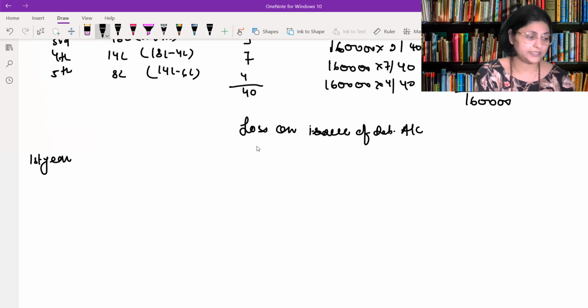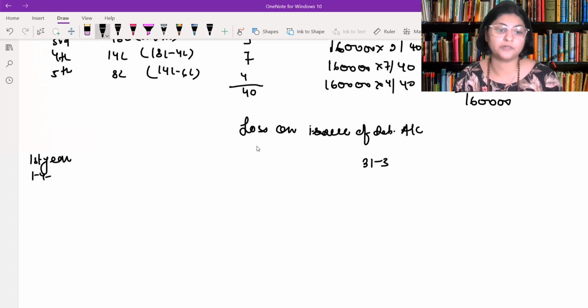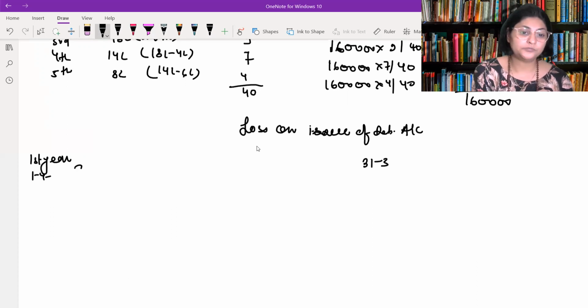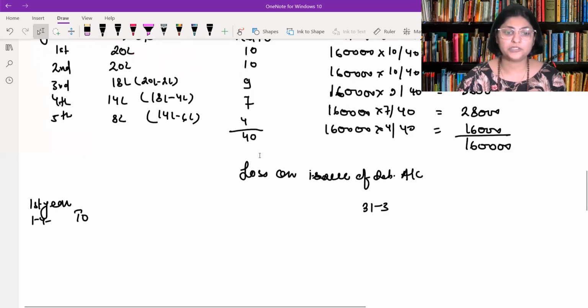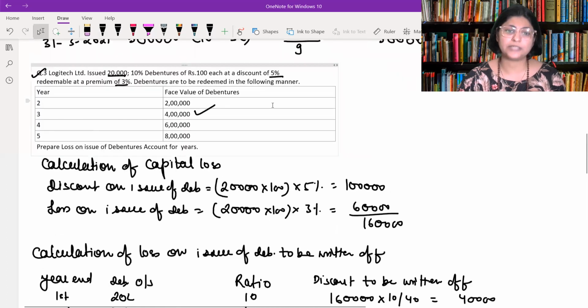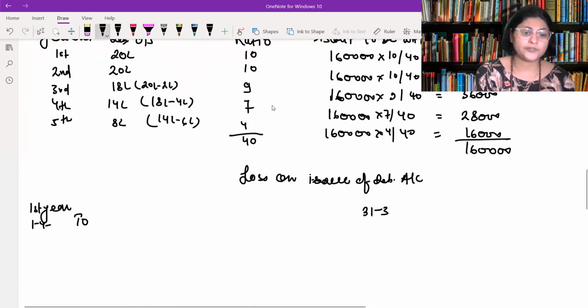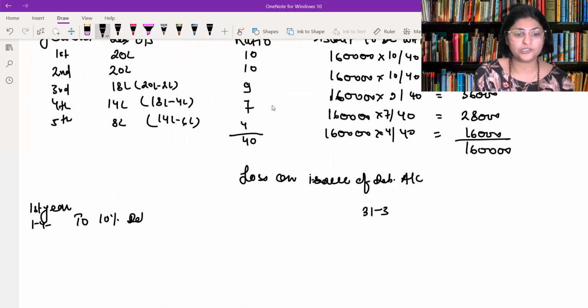First year, whatever is the date, 1st April. And here, in the first year only, 31st March. So what will the first entry be? The first entry will be to, what was the name of the debenture? Let us see. The name of the debenture was 10% debenture. So as far as discount is concerned, I will write to 10% debenture account.